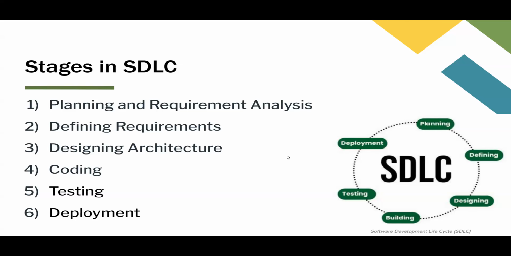Everything is discussed in these two stages, after which the coding is done by the developers. After the coding, unit testing is done by the developers, and it is handed over to the QA testing team, where it is tested as a whole with all the development which took place, and then on to deployment. Each will be explained in detail in the further slides.